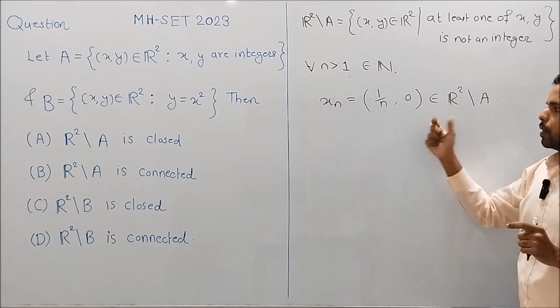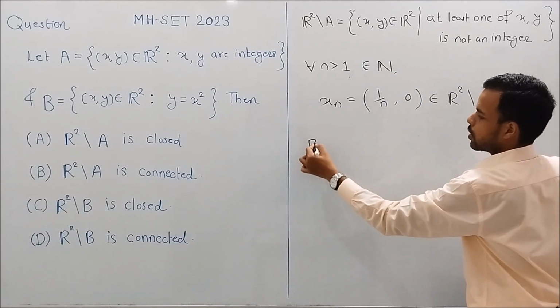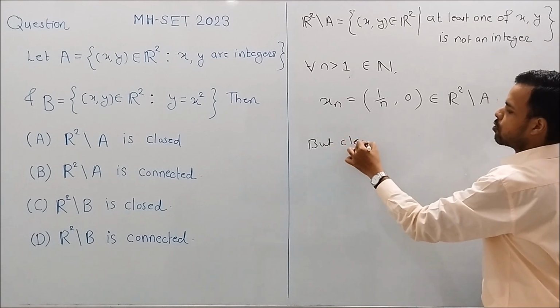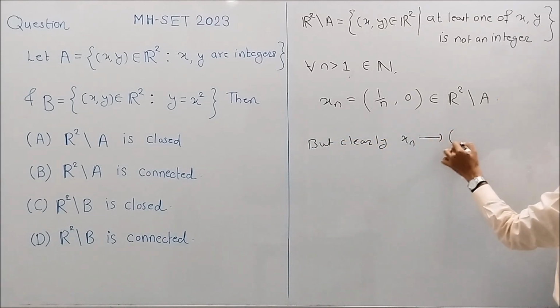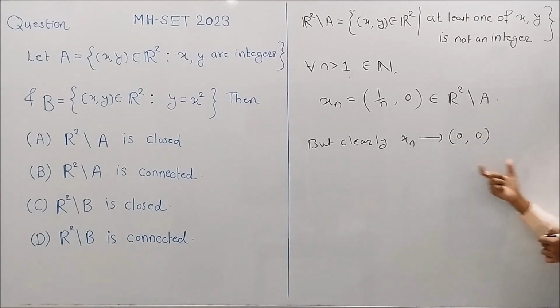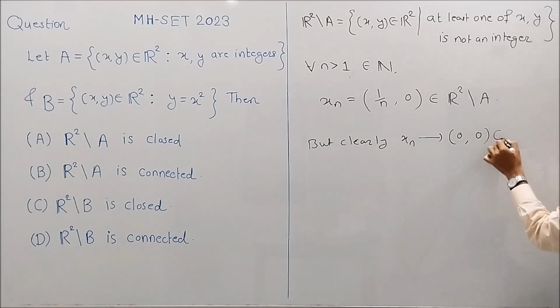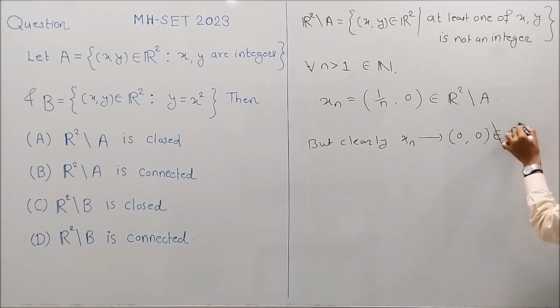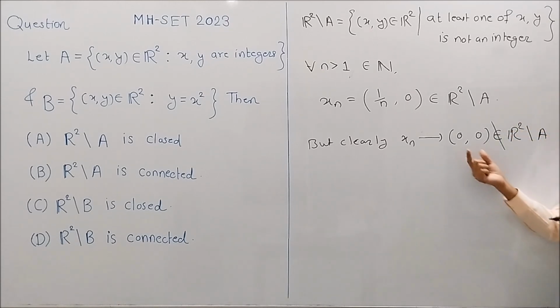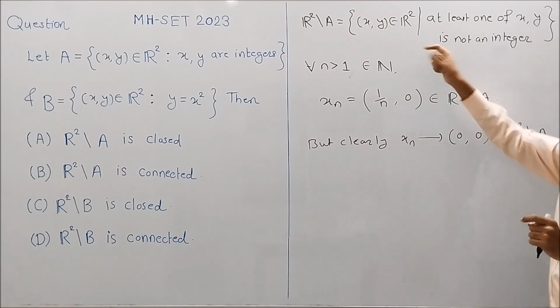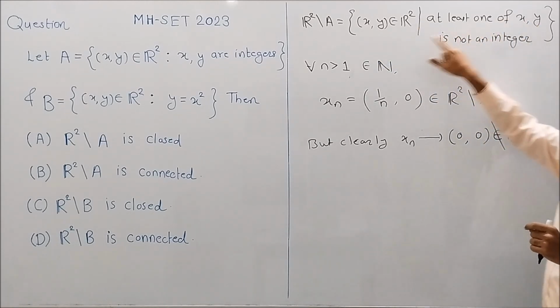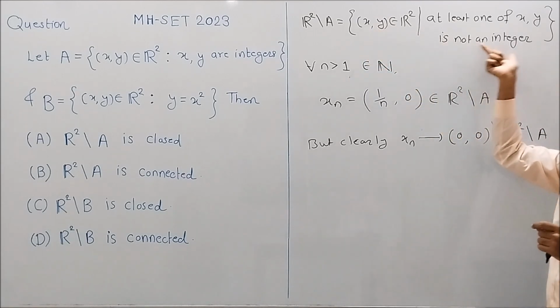Okay. But clearly xn converges to the ordered pair (0, 0). Okay. And this ordered pair does not belong to R2 minus A. Why? Because both of these coordinates are integers. But here we must have at least one of these coordinates not an integer.